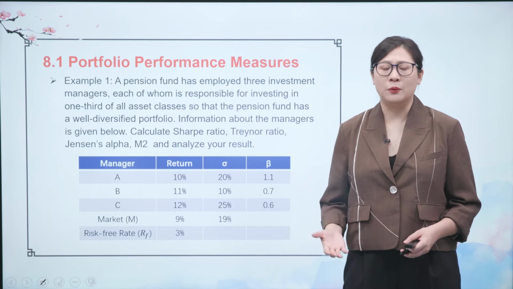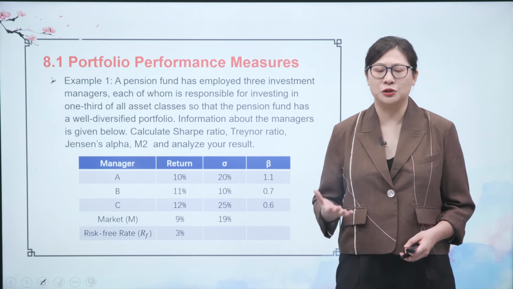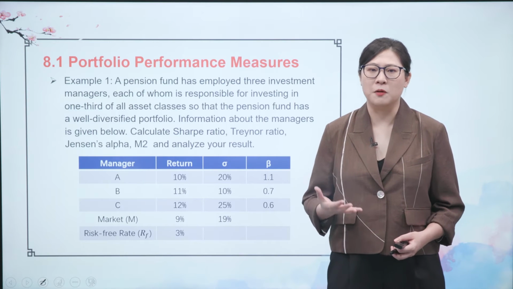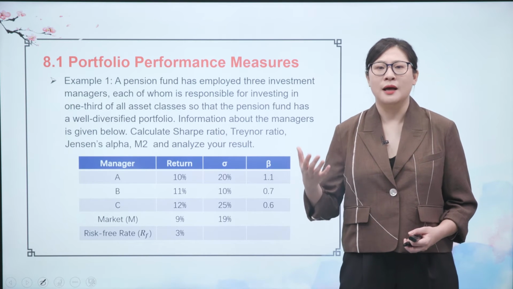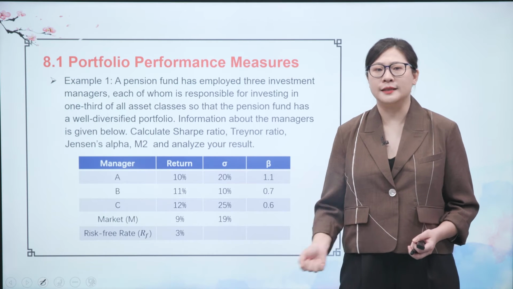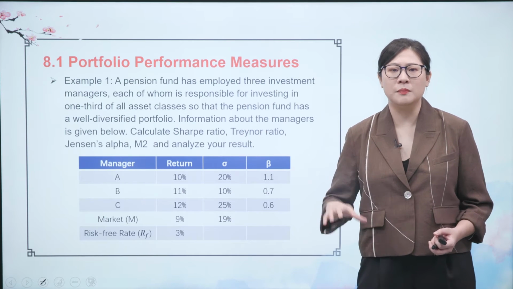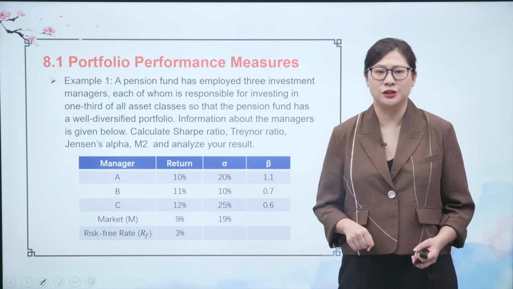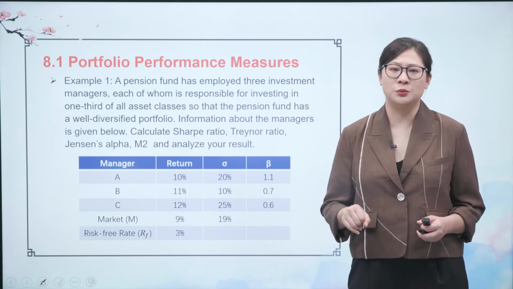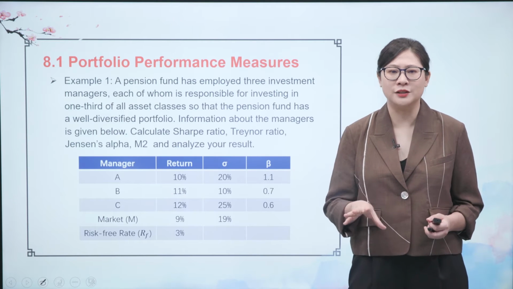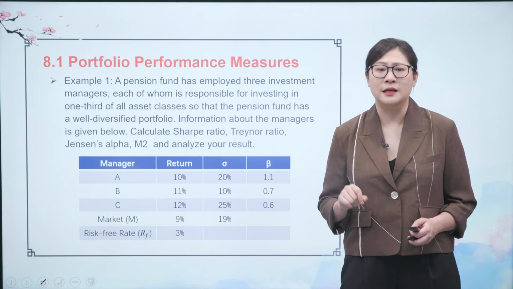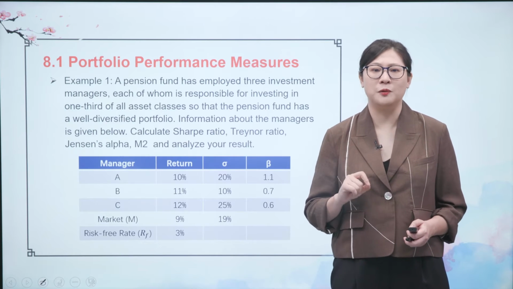Finally, we will introduce one example to show you how to use these portfolio performance measures to analyze your portfolio. A pension fund employs three different investment managers, A, B and C, each of whom is responsible for investing in one third of all asset classes, so the pension fund has a well-diversified portfolio.